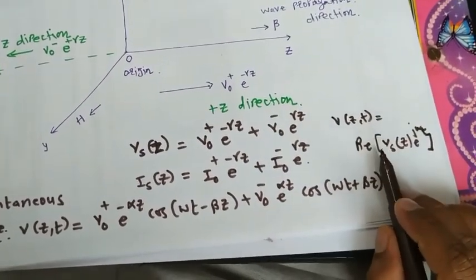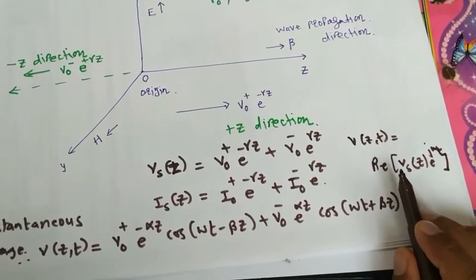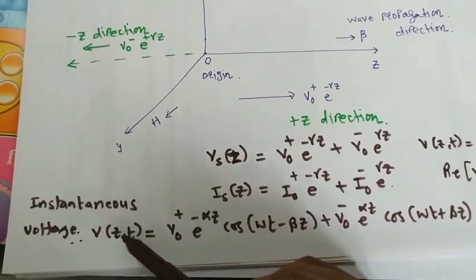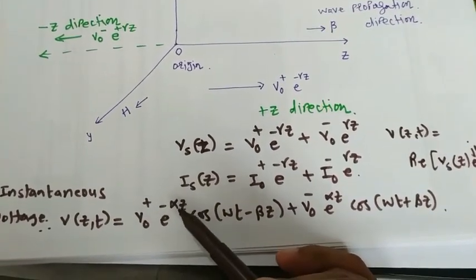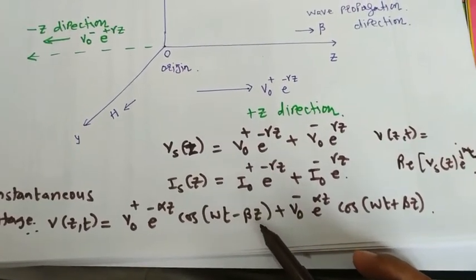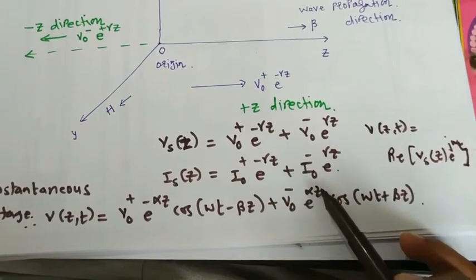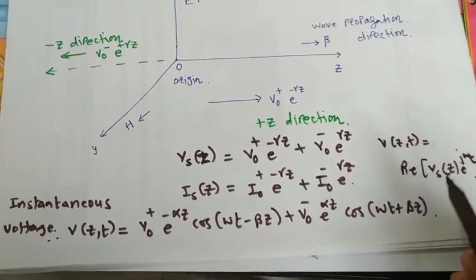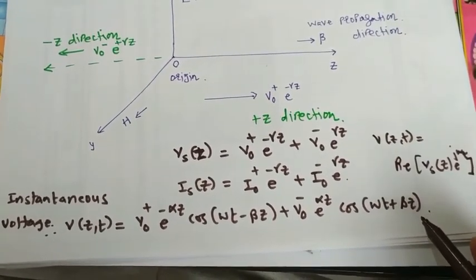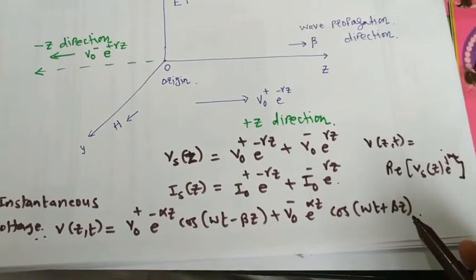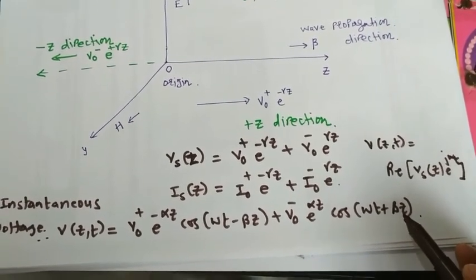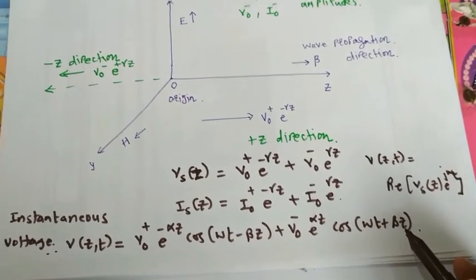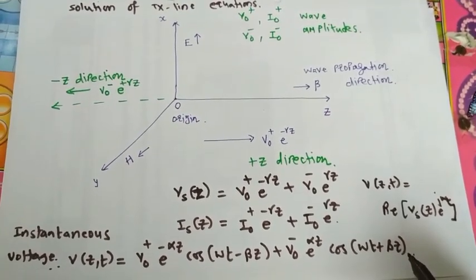Using this relation, we get the instantaneous voltage equal to V0 plus e raised to minus gamma z cos of omega t minus beta z, plus V0 minus e raised to plus gamma z cos of omega t plus beta z. This way we can obtain the instantaneous voltage over a line at any space and at any time. In the same way we can express the current also. So now we have the solution of the transmission line equations.